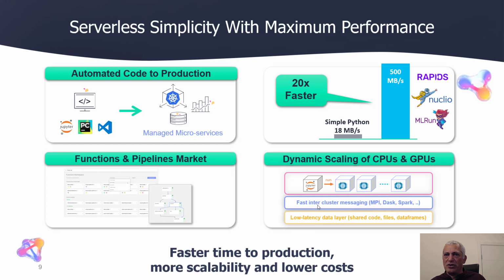There's a high-speed messaging layer that could leverage NVIDIA RDMA technology for shuffling data across those microservices. And there's also a high-speed data store that stores the intermediate results, the data, the files, the code, and shares it across the different containers. So you can essentially build very large-scale workloads on that system without writing a single line of code, just scaling out your code transparently. And that's pretty cool.